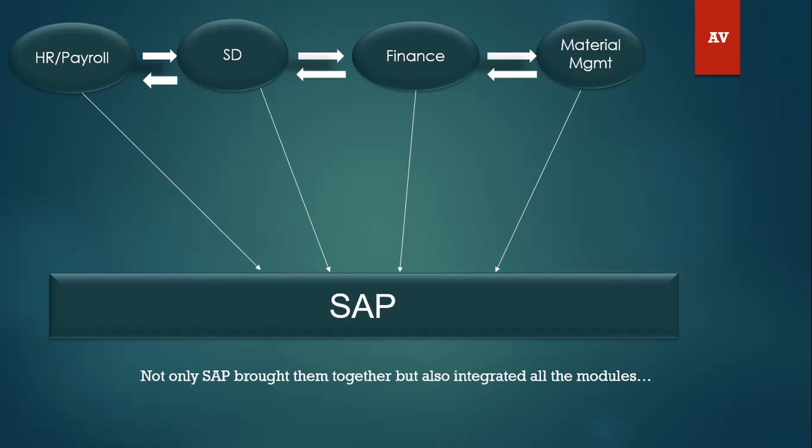So I'm just giving an example. Let's say there is a sale happening to the customer. Earlier, imagine the scenario where we are using different applications for sales and, let's say, for materials management. We would book the sale in the sales and distribution application, then close that application and come to material management to update the inventory or stocks.